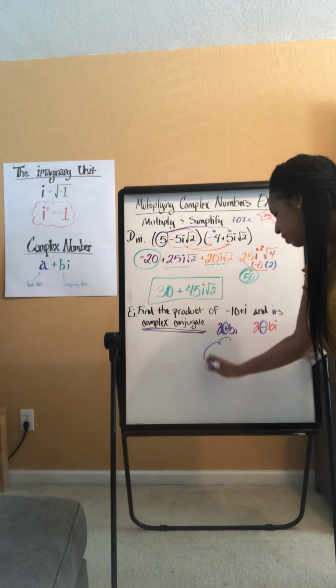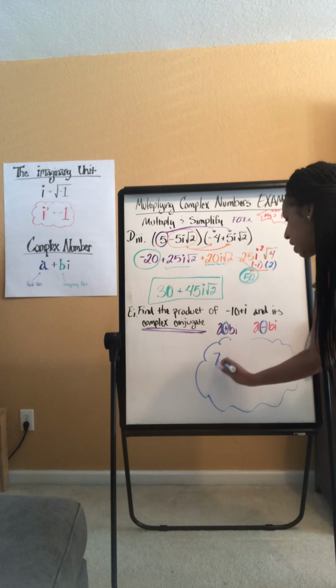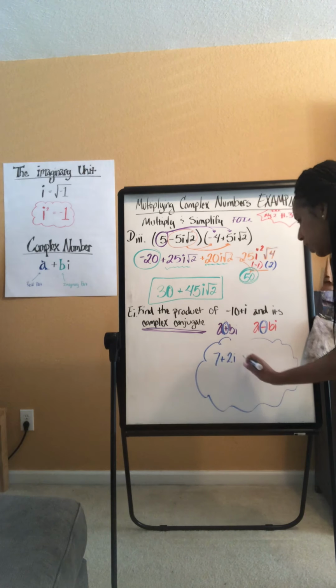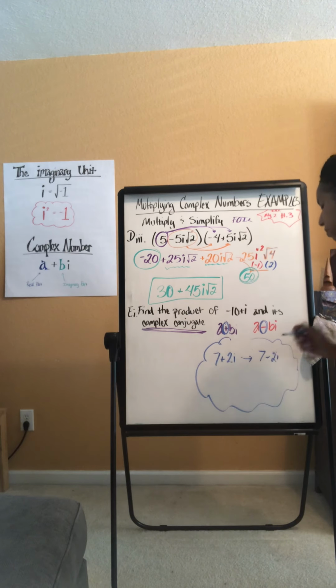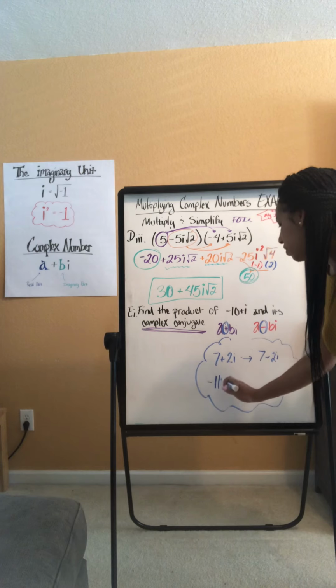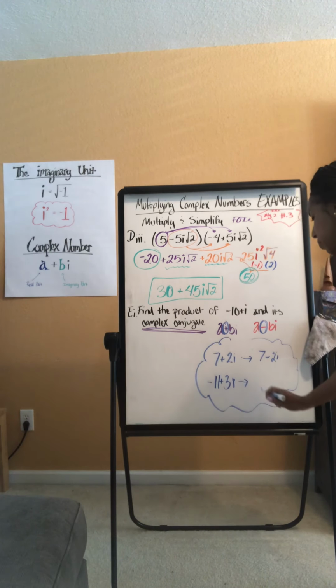So let's go to this little think cloud for a minute here. Okay, say I gave you 7 plus 2i. Its complex conjugate would be 7 minus 2i, right? All that changes is the sign of the i. Say I give you -11 plus 3i. Its complex conjugate would be -11 minus 3i.